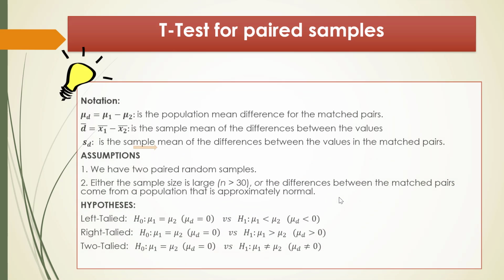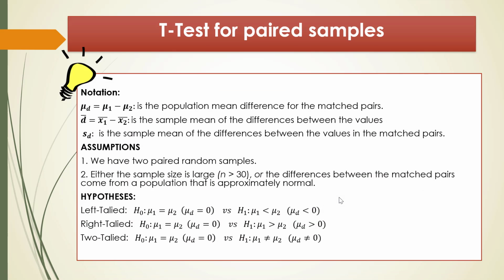So now look at some notation. Here we use mu d is equal to mu1 subtract mu2. It is the population mean difference for the matched pairs. D bar is x1 bar subtract x2 bar, the sample mean of the differences between the values in the matched pairs.